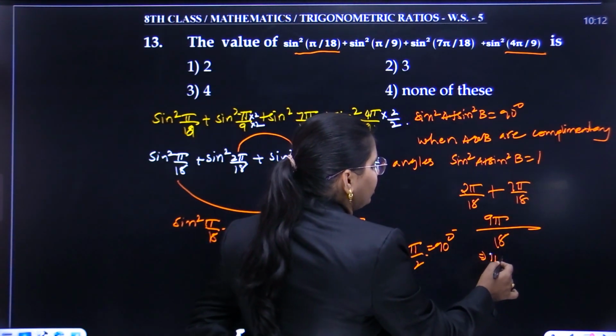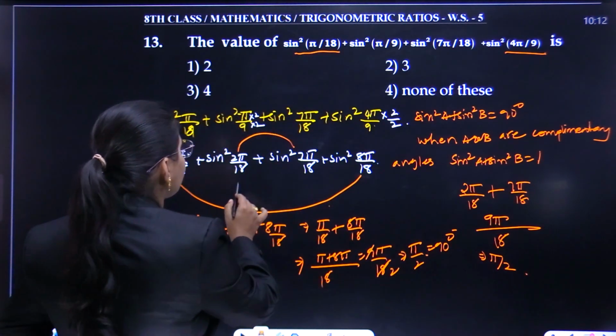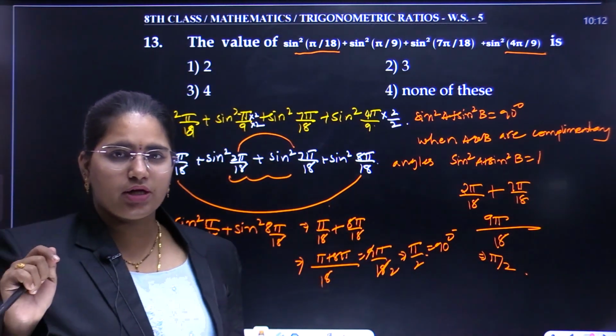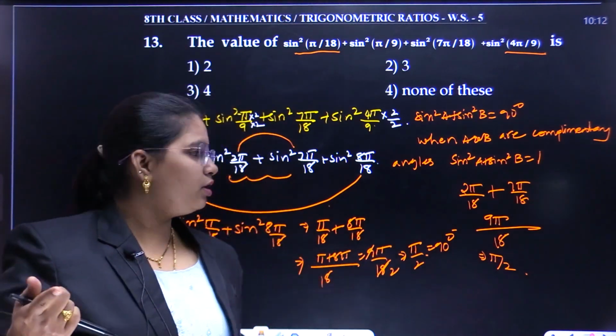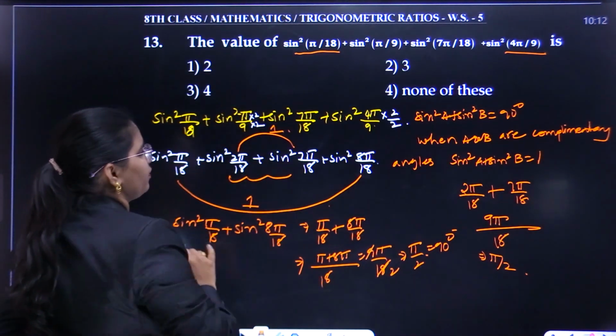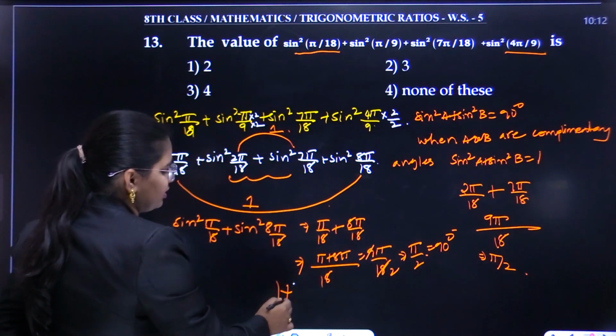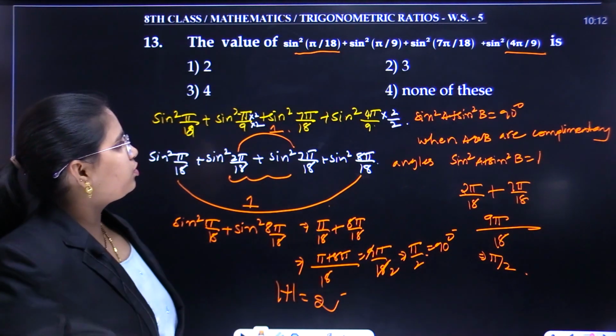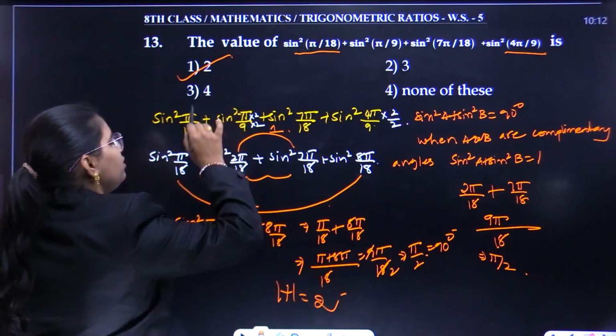So again I am getting pi by 2 if I add these both together, right? So again that value is also becoming 1. 1 plus 1. So this value is becoming 1 and this value is becoming 1. 1 plus 1, the answer is equal to 2. So do you find it in the options? Yes, of course it is option 1.